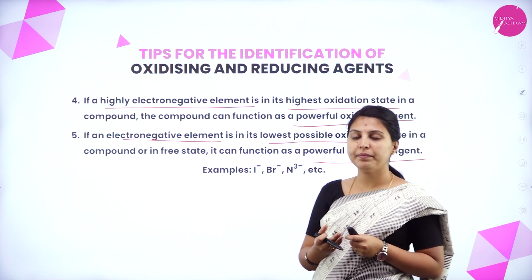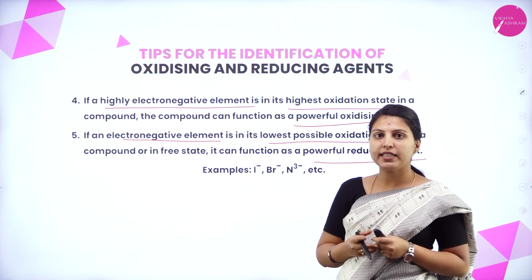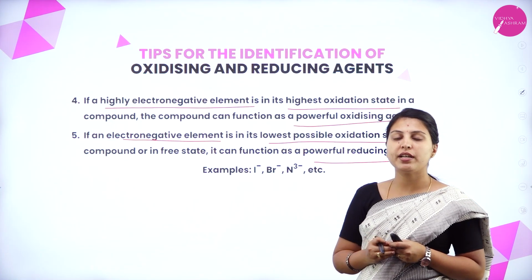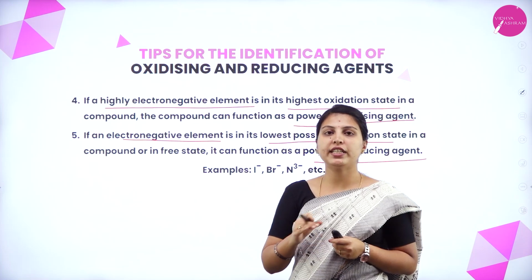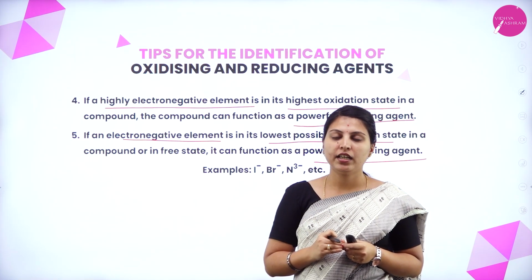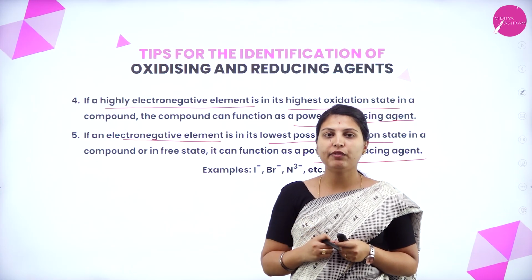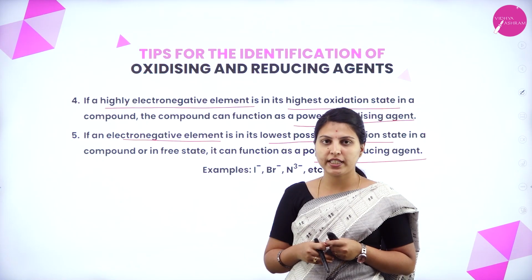Once again, if the highest oxidation number is present, it is considered an oxidizing agent. If the lowest oxidation number is present, it is considered a reducing agent. If an intermediate oxidation state is present, it is considered both oxidizing agent and reducing agent.